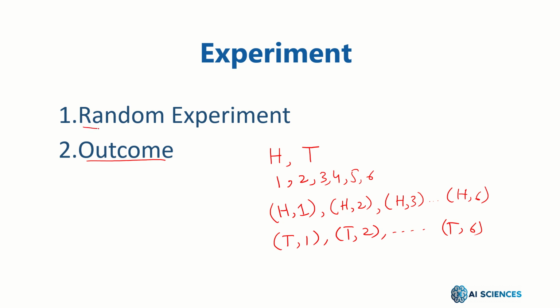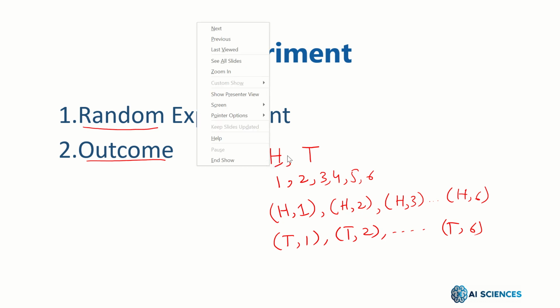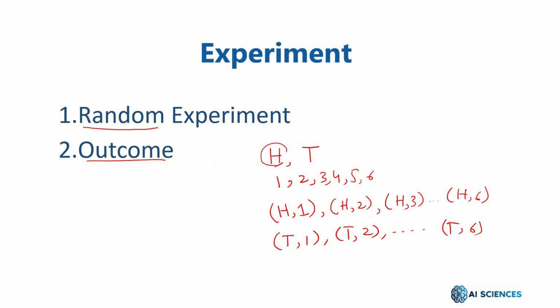We call the experiment random because we do not know which outcome will appear. It is completely random. Even if the coin is biased, and it is constructed in a way that the appearance of head is more likely than the tail, even if there is a very small chance of a tail, we will still call the experiment random, because even though there are high chances of head due to the construction of the coin, the randomness of appearing as a head or tail is still there.